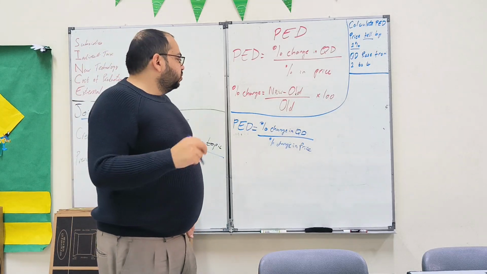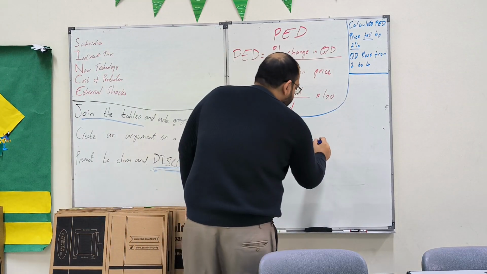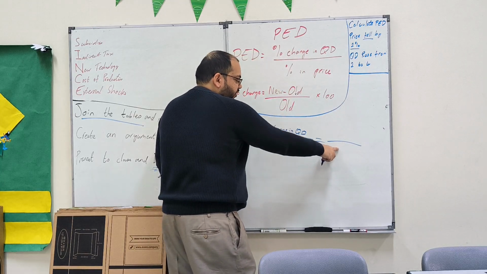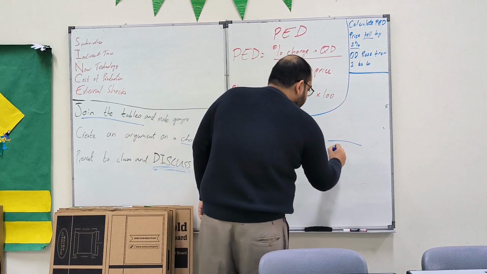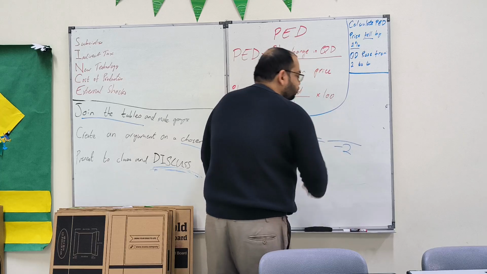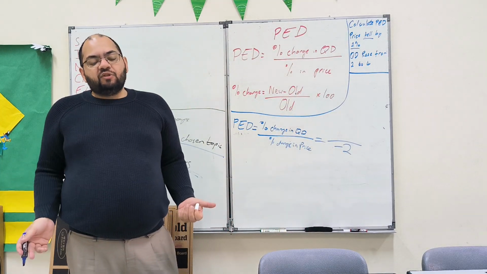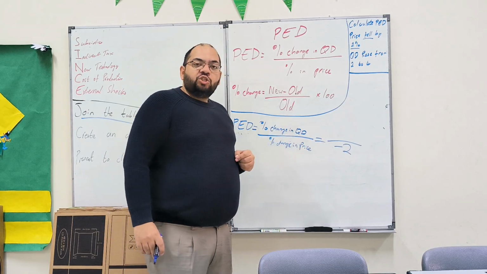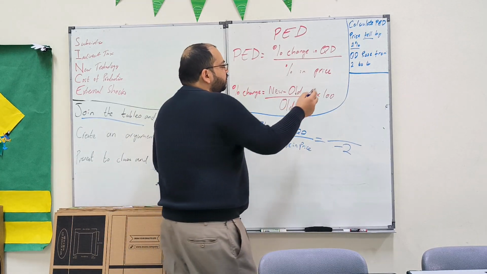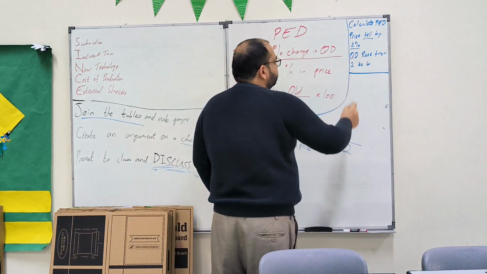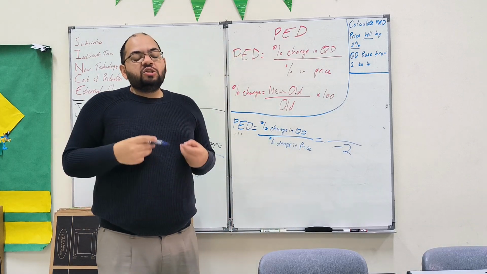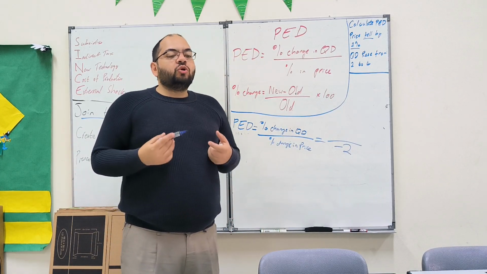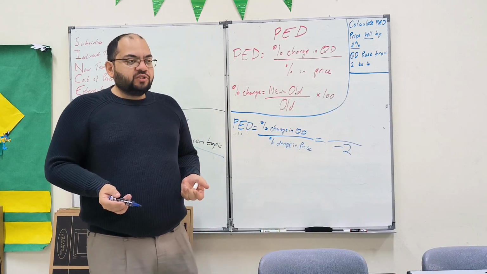So if it goes down by 2%, that means the number over here, or here rather, is minus 2. Because it's already given to us. Okay? Now, did they give us the percentage change in QD? QD rose from 2 to 4. So they did not give us the percentage. The percentage was not given, so we need to calculate the percentage.